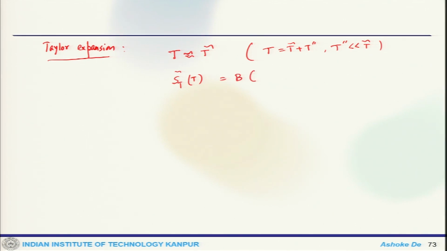Then T would be, let us say, T equals T bar plus T double prime, where T double prime is smaller than T prime. Then we can write St of this, B (Tb minus T), exponential minus E by RT.